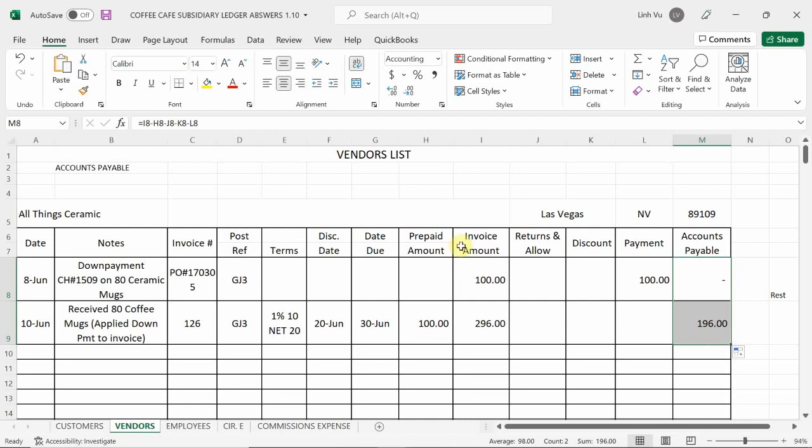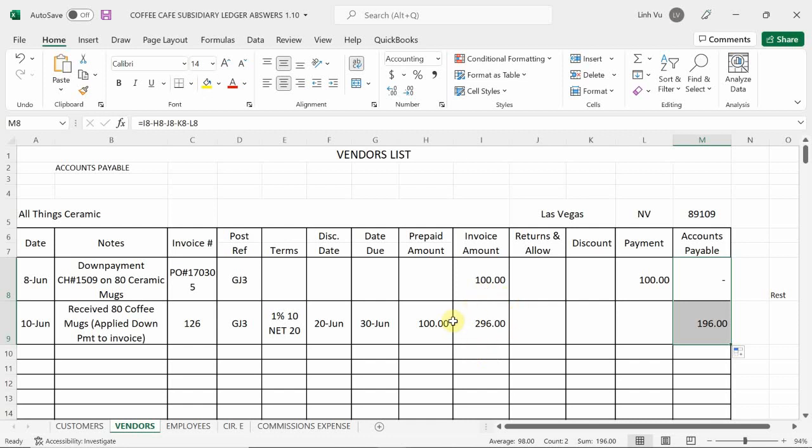And that's how I want you to use the subsidiary ledger. When I have a prepayment, when you receive the bill, that is where you're going to use the prepayment column, because this is where you're going to apply it to the invoice. So the invoice, you have to ignore the down payment on the bill.